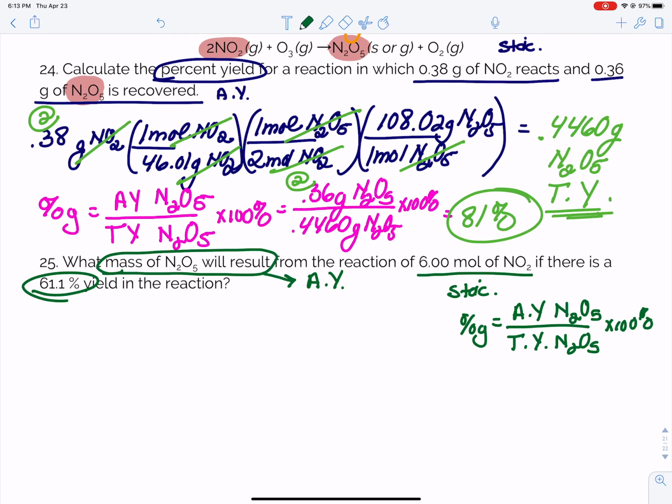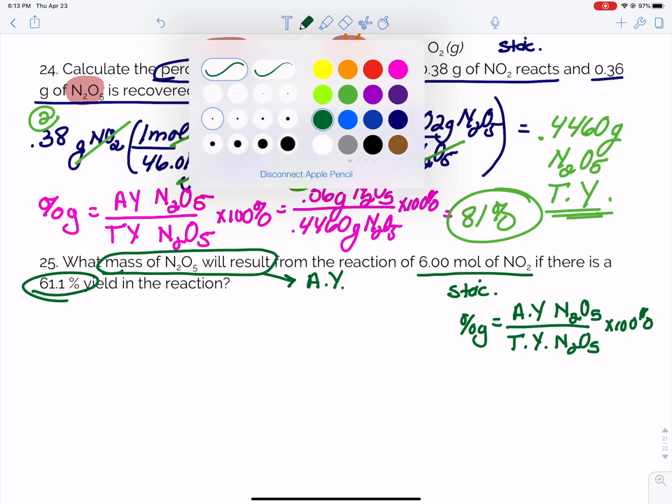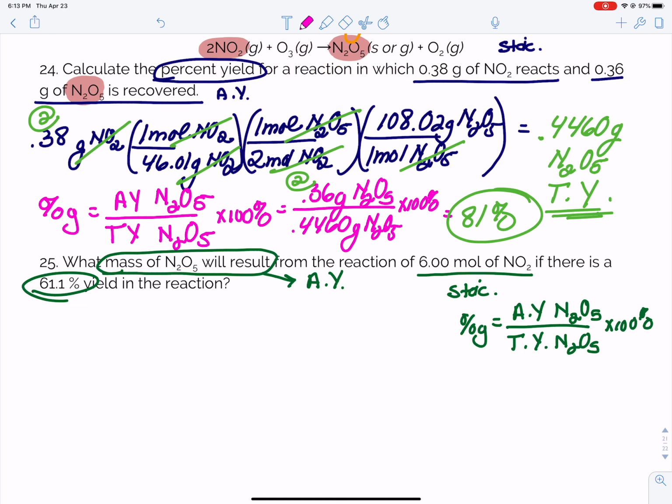How many of these numbers do I know yet? Only one. I know that the percent yield is 61.1%. I know I want to solve for the actual yield, but I have enough information knowing that I'm going to start with 6.00 moles of nitrogen dioxide. I can do a stoichiometry problem to figure out how many grams of N2O5 I should be able to make.